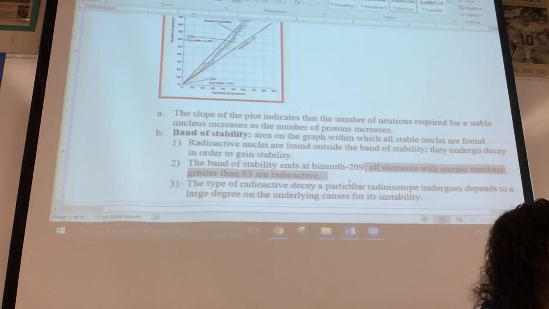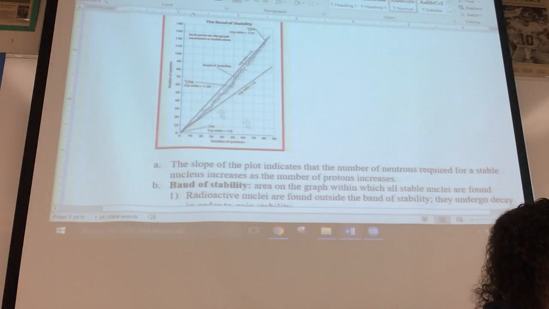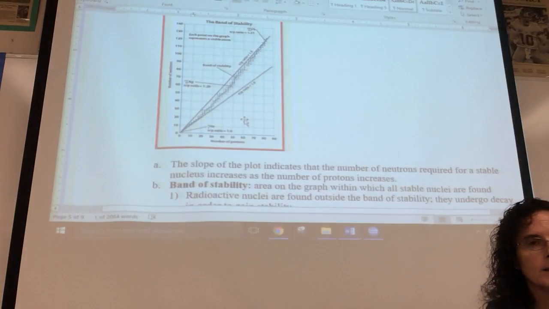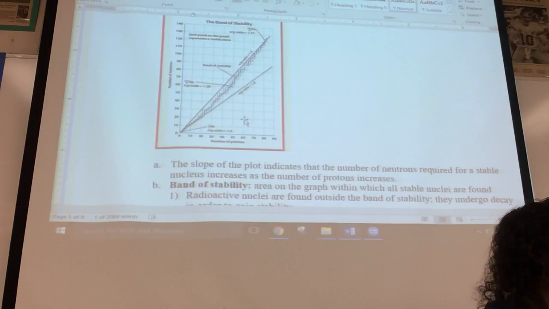The type of decay that a radioisotope will undergo depends on where it falls in this neutron to proton grid. Is it above it? Is it below it? Because different types of radioactive emission result either in increasing proton number or increasing neutron number or decreasing it.